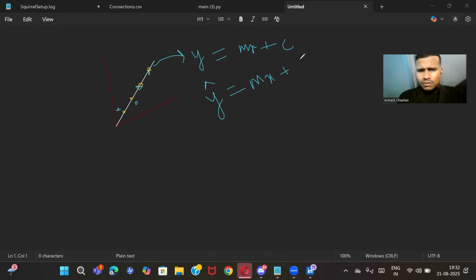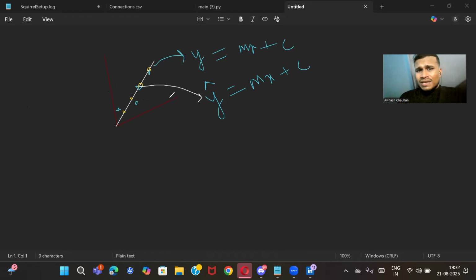And what is this y hat? This y hat is nothing but the predicted points, the yellow points.